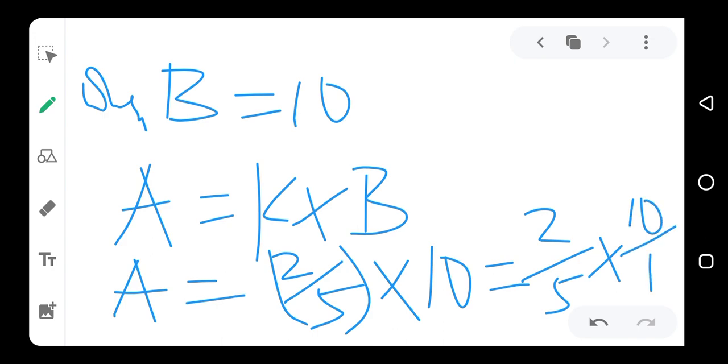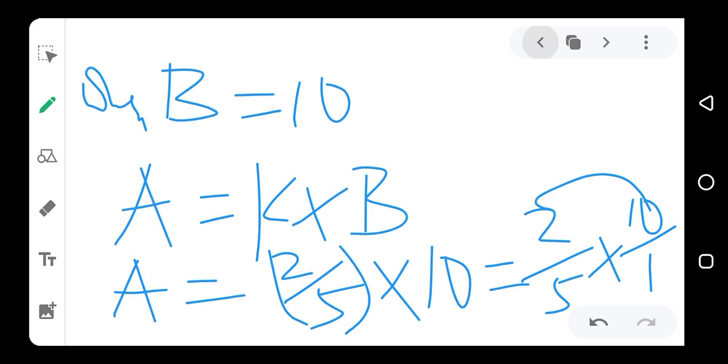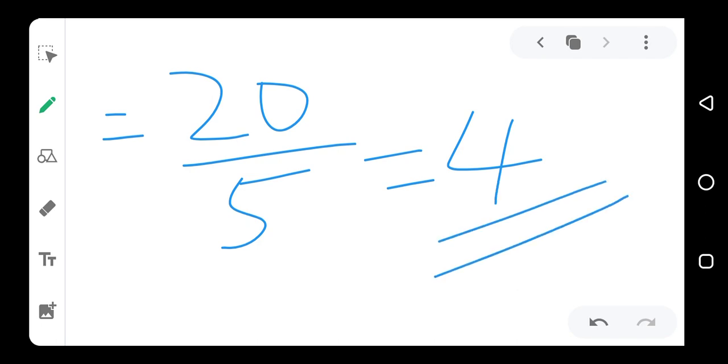Anything standing on its own is also the number divided by 1. So that will give us, from here, 2 times 10 is equal to 20, over 5 times 1, 20 over 5, and that will give us 4. So the answer again is 4.